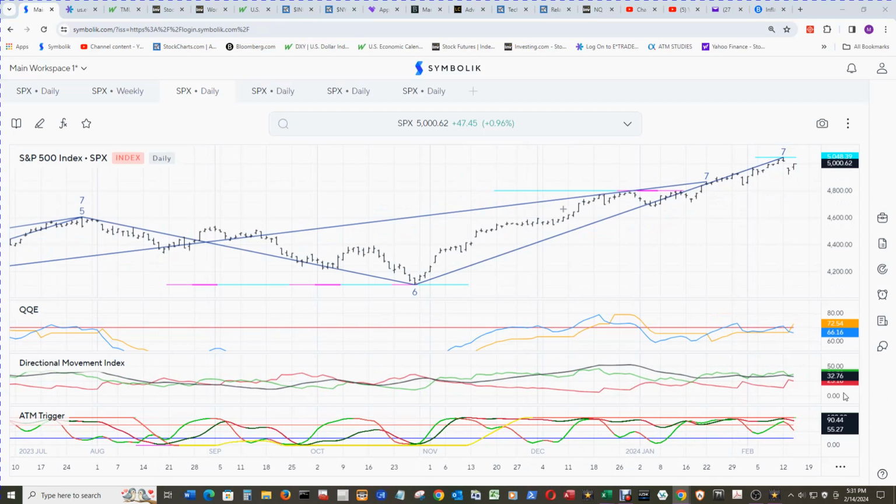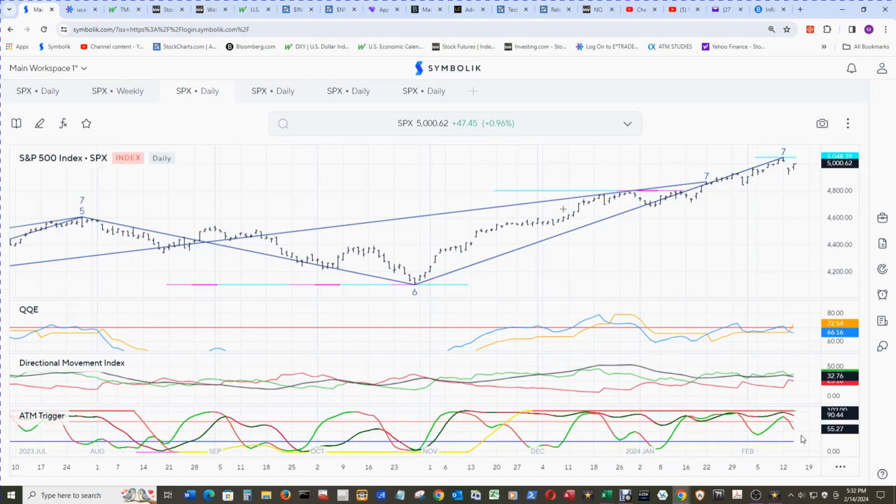And while we're here, the QQE crossed under the slow, so the fast is below the slow, still above 50. And the DMI plus is making a move back up, and the DMI minus is making a move back down, and the ADX is well above 20, so we've been above 20 for quite a long time, since back here September 19th, 23.